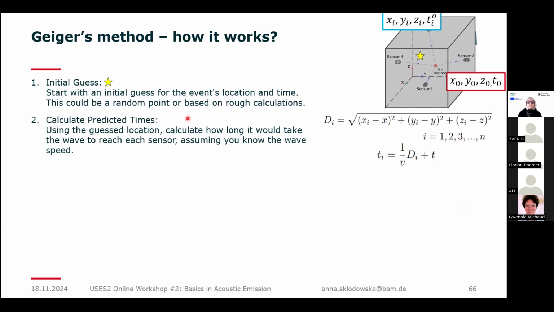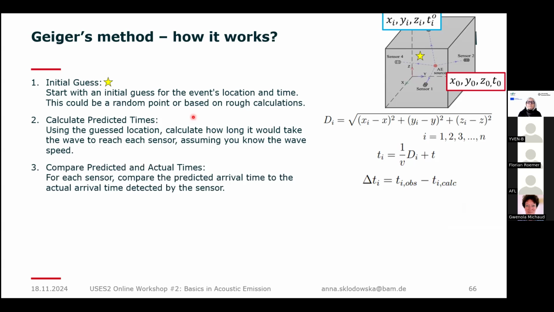Using the guess location, we calculate how long it would take for the wave to reach each sensor, assuming we know the wave speed, which we get, for example, from ultrasonic measurements or other ways. Then we compare the predicted and actual time. So for each sensor, we compare the observed time that we have with the one calculated from the source location we just got.